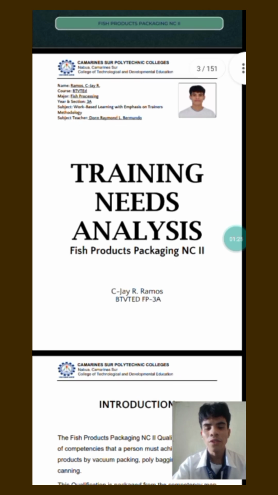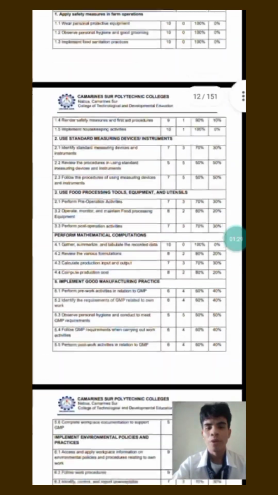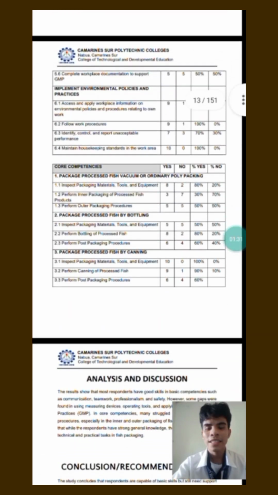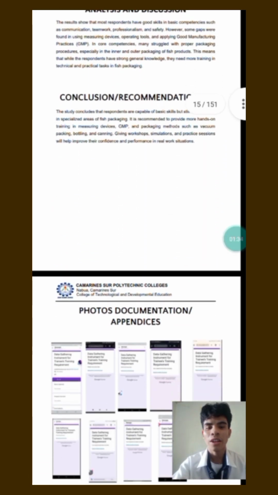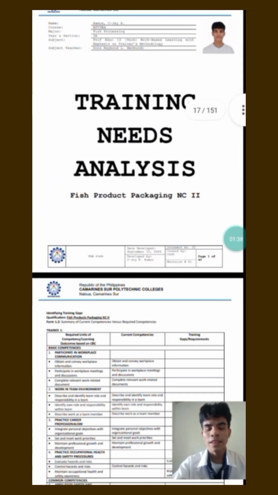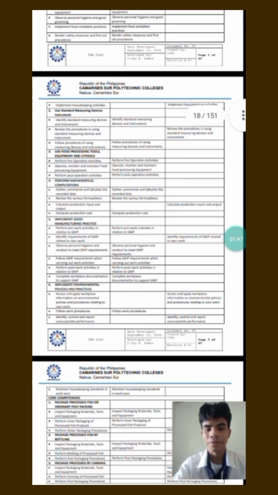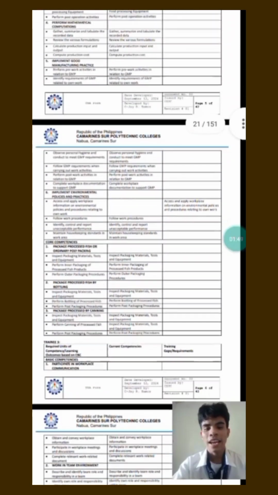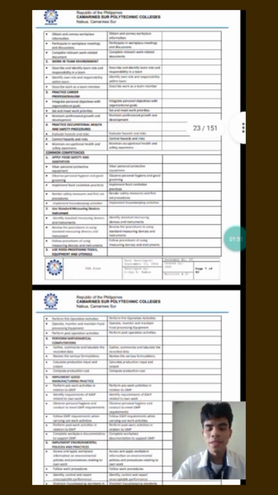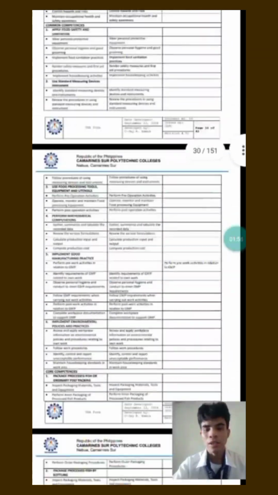So, if you can see, all of the important data I gathered here is based on my survey or G form that I conducted to the students of Camarines Sur Polytechnic College's ELX 3A. So, I identify their training gaps and current competency in each trainee.